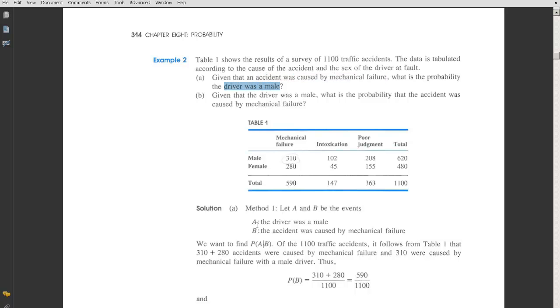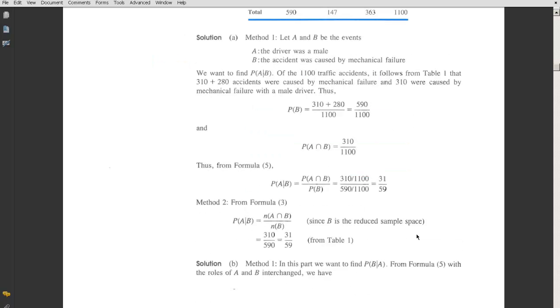So you do that. A is the event that the driver was male, and B is the event that the accident was caused by mechanical failure. So now we can rewrite this question as the given is that the accident was caused by mechanical failure. That's given.